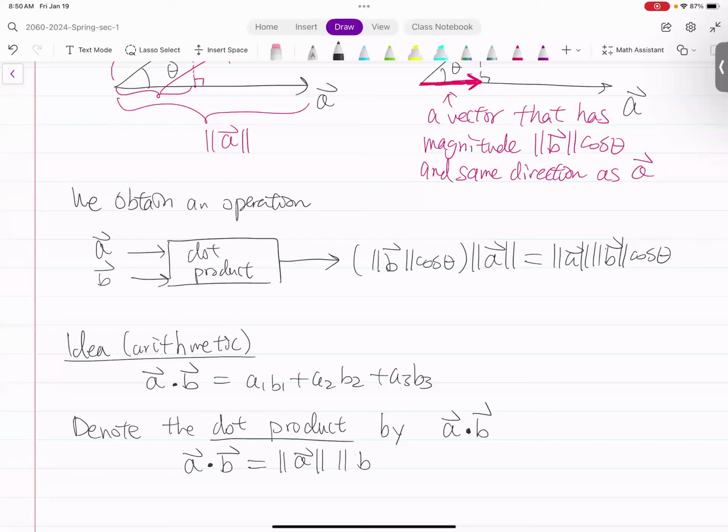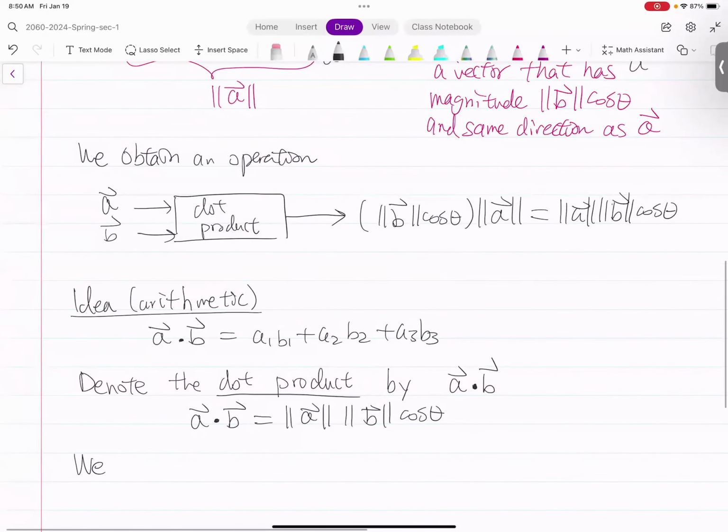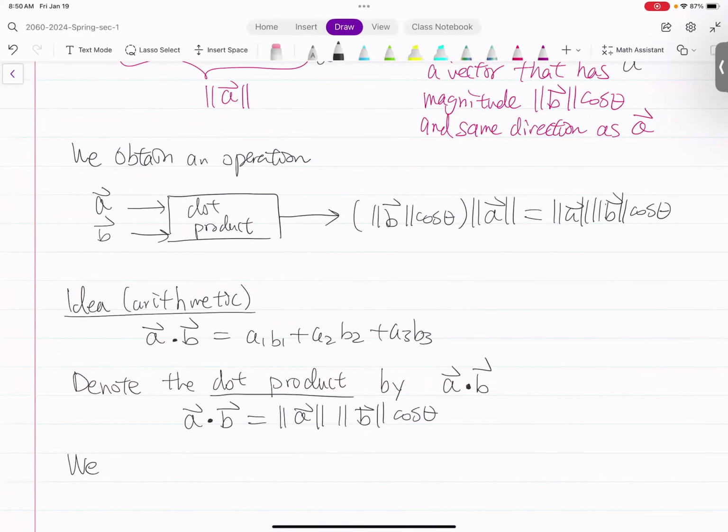So the magnitude of A times the magnitude of B times cosine theta. The theta is the angle cut between the vectors. So starting from next class, we will continue, but the rest of the section is going to be through the geometric perspective. We will continue through the geometry.